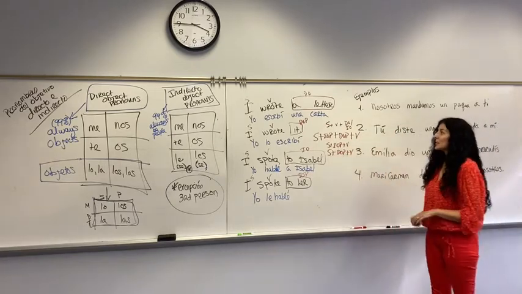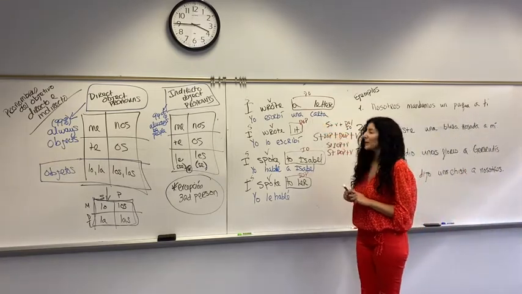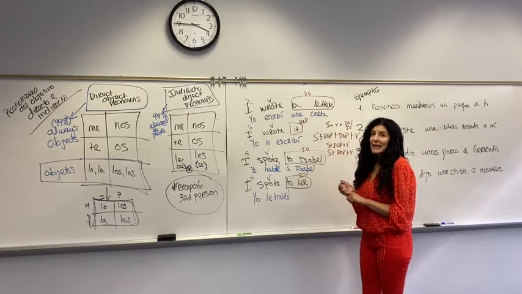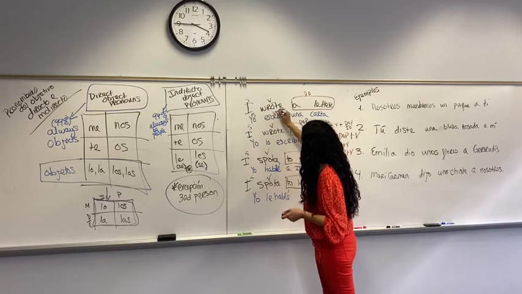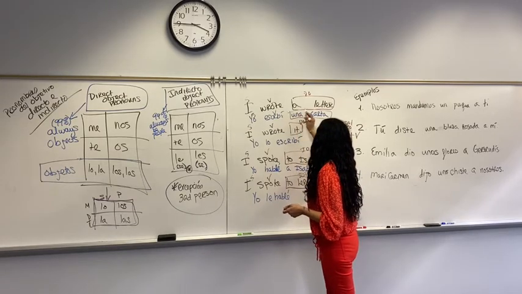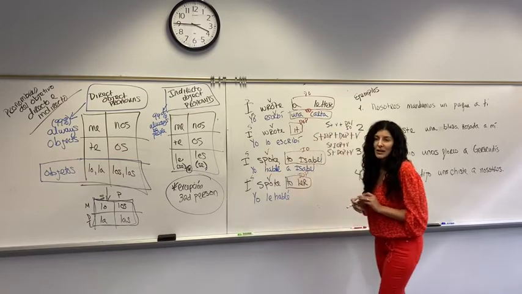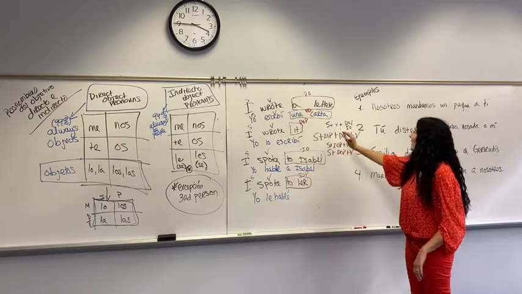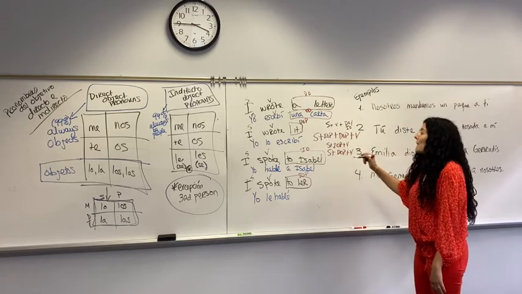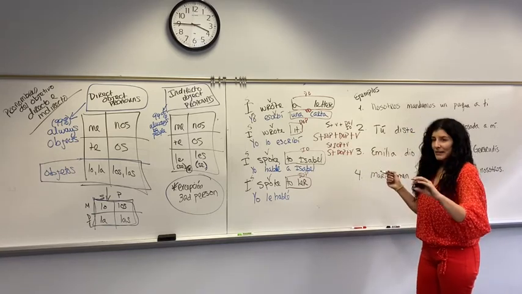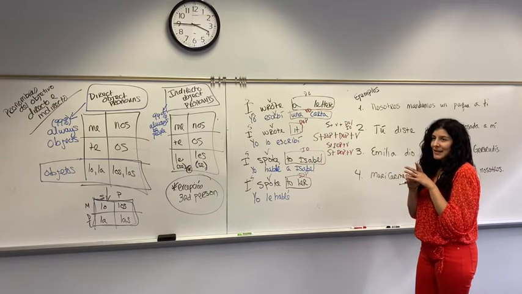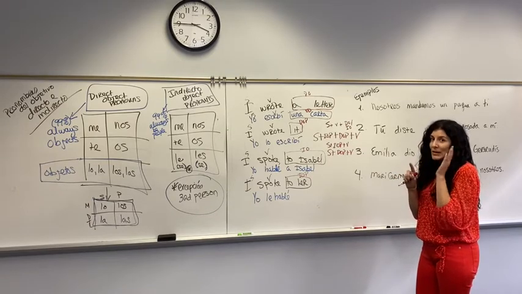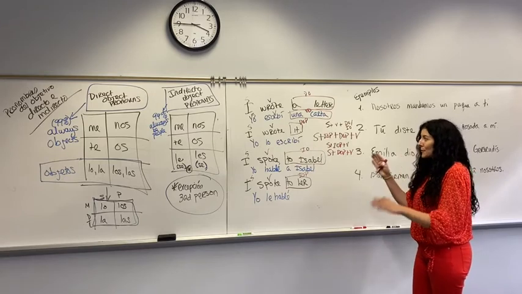I'll give you an example. Here we'll follow the same example. Yo escribí una carta. Here we have the subject. Then we have the verb. Here we have the objeto directo, the direct object. So far, the same as English. But when we're going to use a pronoun, we have to reorganize the sentence, and the pronoun is going to come between the subject and the verb.